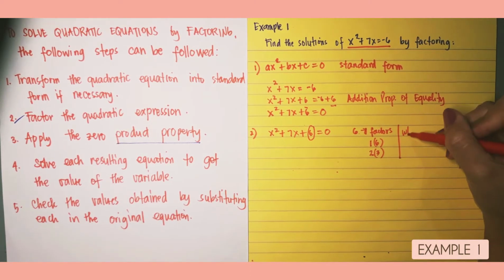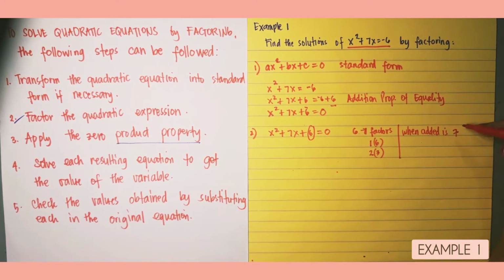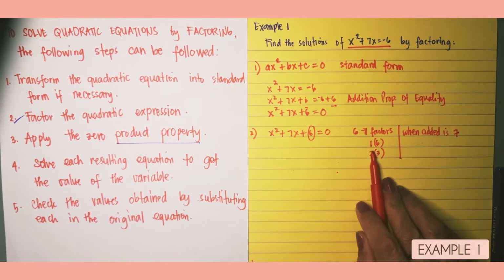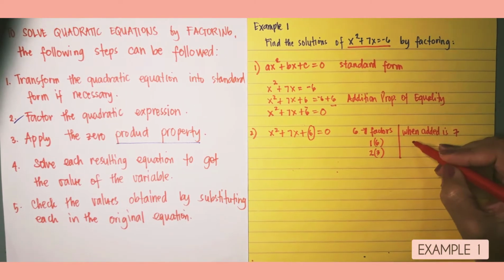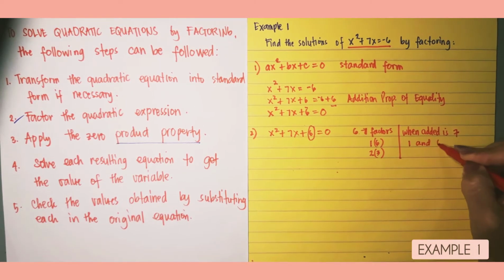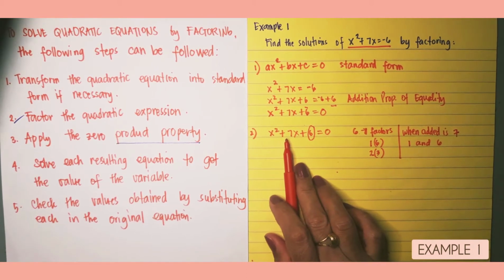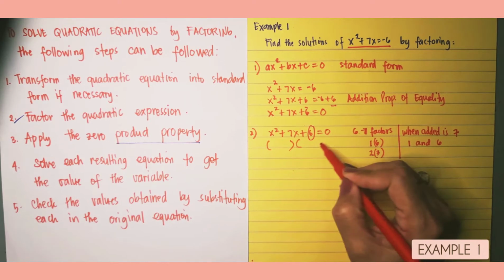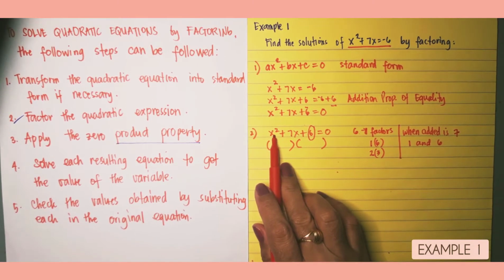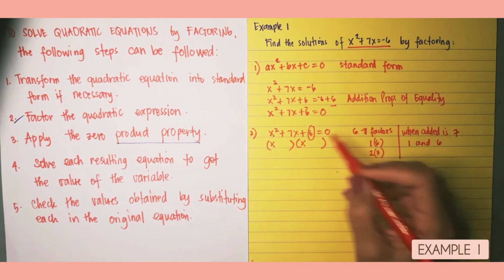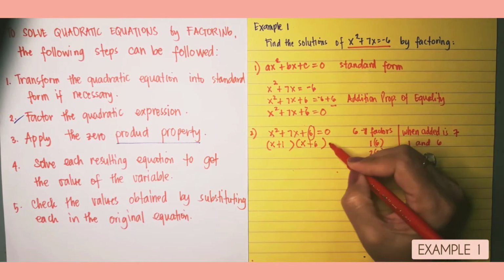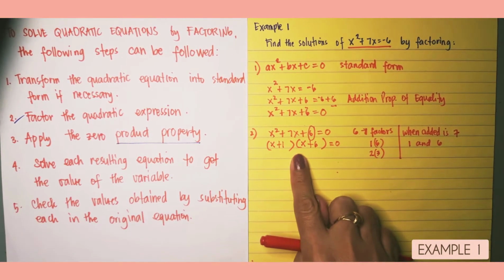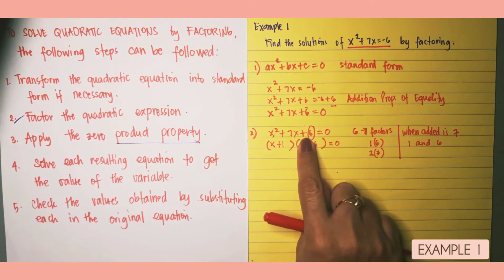And obviously, when you add 1 and 6, it's equal to 7. So therefore, we use 1 and 6. So in factoring this out, this would be the square root of x squared, which is x, and we use the factors 1 and 6. So these are now the factors of the given equation.